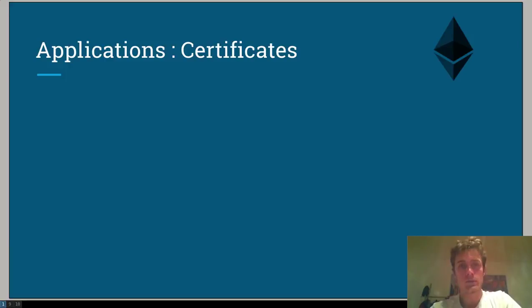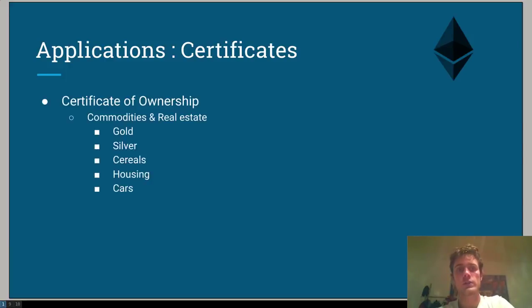So also certificates, so certificates of ownership for gold, silver, cereals, housing, cars, whatever commodity or real estate. And of course you can transfer and conserve property over the blockchain. That way you could prove that you own something, or you could transfer property to someone else.